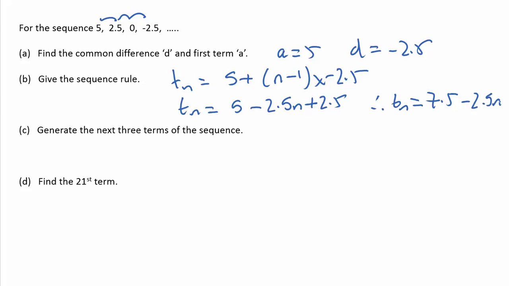So 7.5, take 2.5n. Try to make sure that you do the expansion, put in terms of n. It'll help us when we come to working on our spreadsheeting later on.